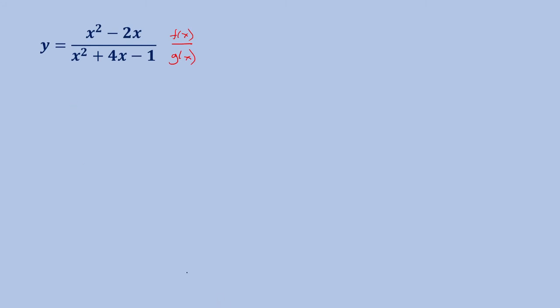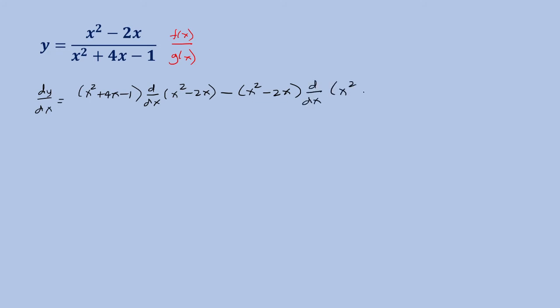So to get the derivative, this would be x squared plus 4x minus 1 times the derivative of x squared minus 2x minus x squared minus 2x, or our f of x, times the derivative of x squared plus 4x minus 1 over the square of x squared plus 4x minus 1.